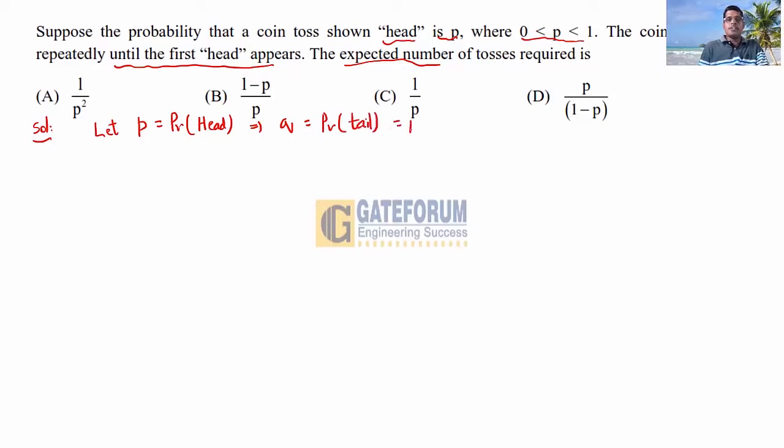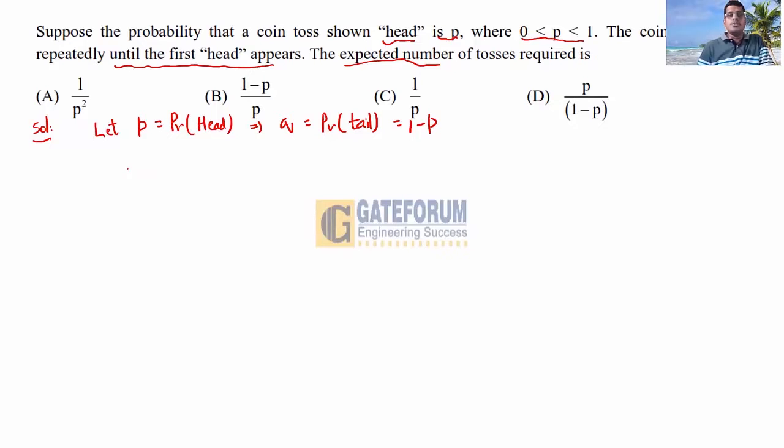It is nothing but 1 minus P, because probability of head plus probability of tail is equal to 1, in a single toss of a coin, biased or unbiased, whatever it may be. Okay, that is probability of success plus probability of failure is equal to 1. P of A plus P of A dash is equal to 1. Where A is an event that the outcome head happened, A dash is an event of getting the outcome tail.